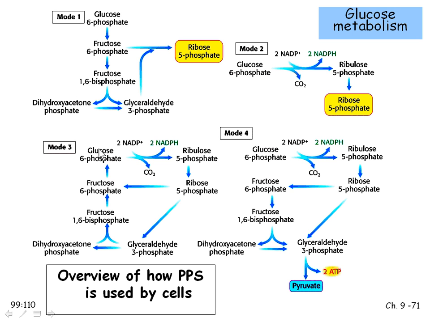So you can completely oxidize the glucose running it in that way. A fourth way of using it, you can make some reducing power up here, and then with the other intermediates feeding it down through glycolysis, end up with pyruvate, ATP, and some fuel for something else. So a real variety of how this pathway can be used in cells.